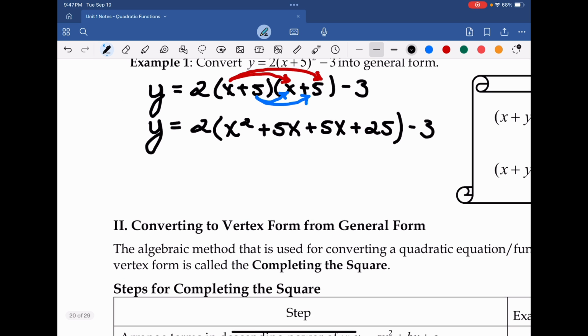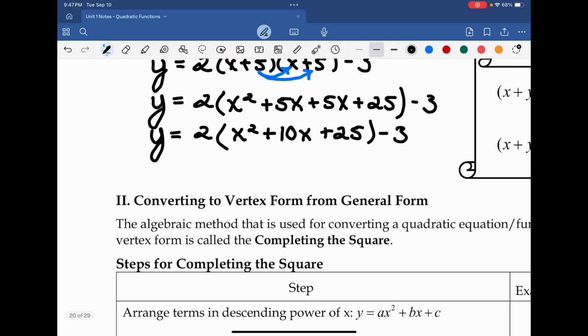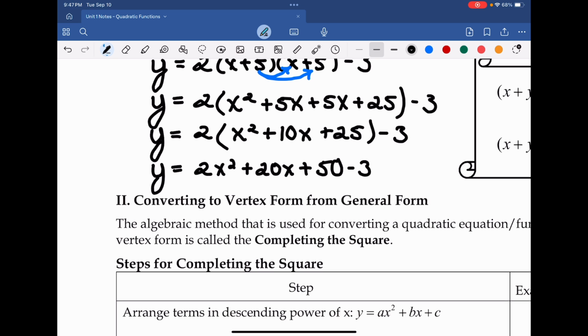Now, here's where we combine our like terms and we can multiply in the 2. Before I multiply in the 2, I'm actually going to do one more step. I'm going to combine my middle terms. So instead of 5x and 5x, I'm going to make it 10x when we add them together, plus 25, bracket, minus 3. Now we can distribute the 2, and this is going to become y is equal to 2x squared plus 20x plus 50, or 2 times 25, minus 3.